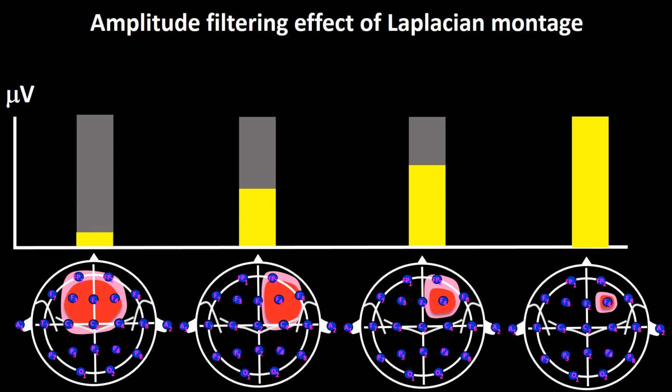I would use spatial narrow-pass filtering effect, since what it lets through are potentials generated by narrow fields. So I would say that the Laplacian has a good narrow-pass filtering effect and a wide spatial filtering effect, implying that wide fields are reduced significantly in amplitude.